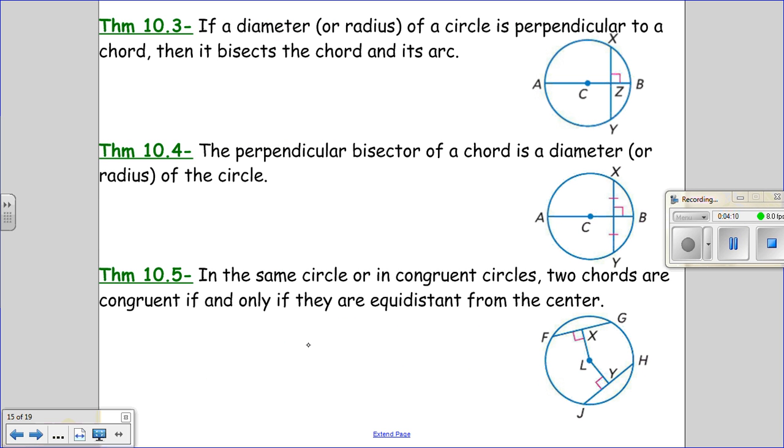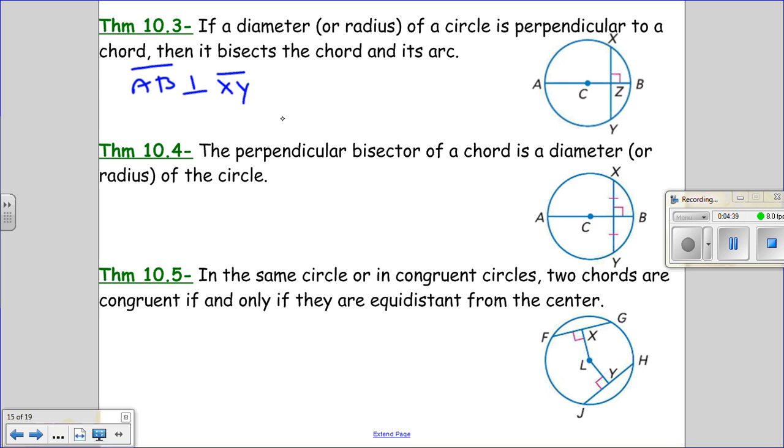Theorem 10.3 says, if a diameter or radius of a circle is perpendicular to a chord, then it bisects the chord and its arc. So if I use the circle at the right, the diameter is AB. And the diameter AB is perpendicular to the chord XY. So again, AB is perpendicular to XY.